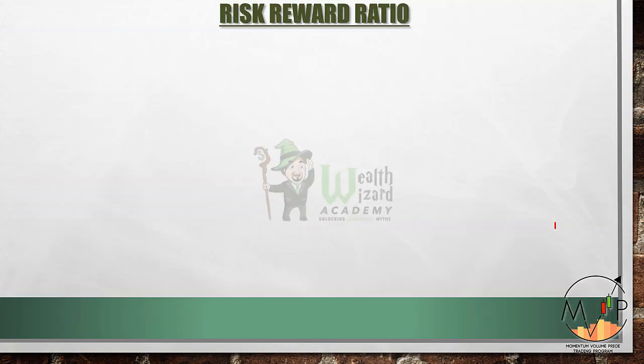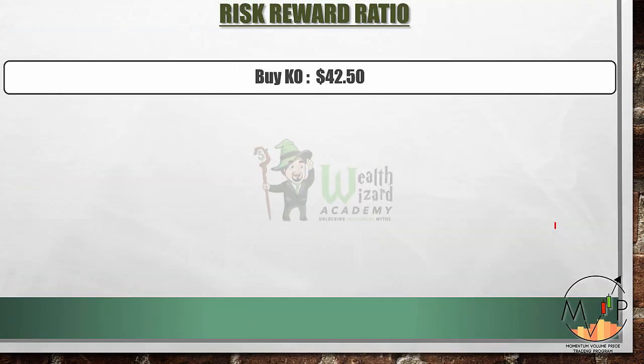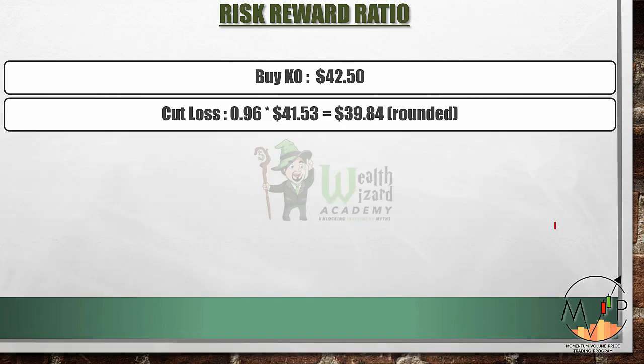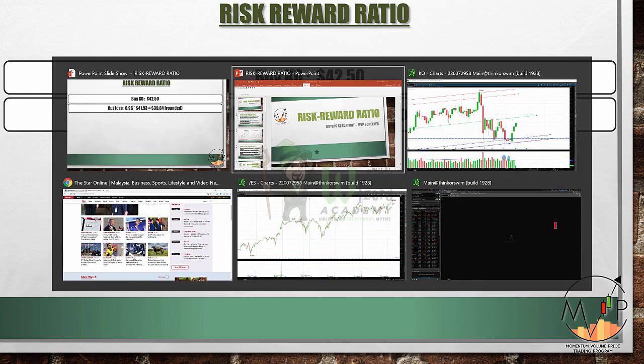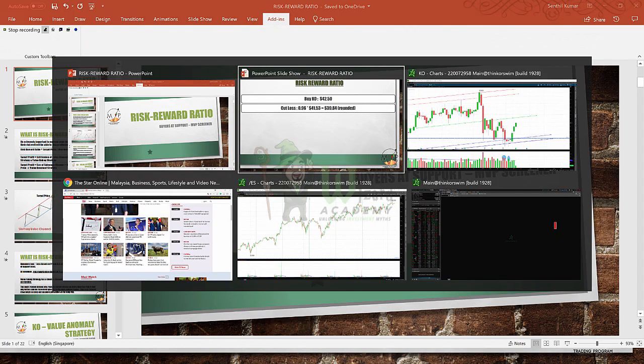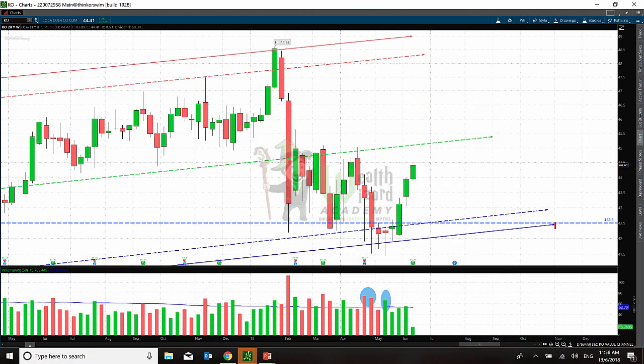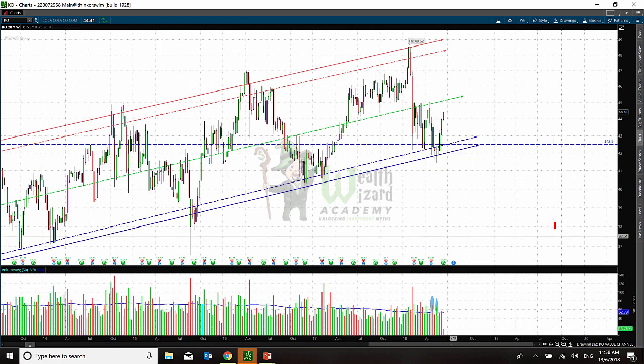we are here buying Coca-Cola at $42.50. Then after that, our cut loss level. How do we calculate our cut loss level? Okay, so going back to this, you can see that this is where each time the stock rebounds. Am I right? Each time it comes to this level, it rebounds. So where is our support level?